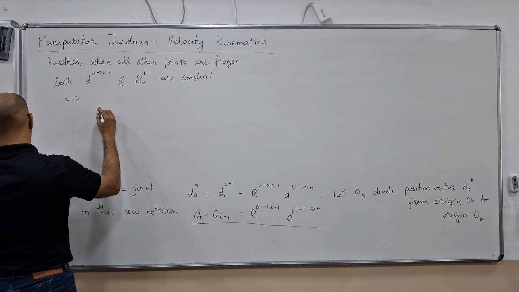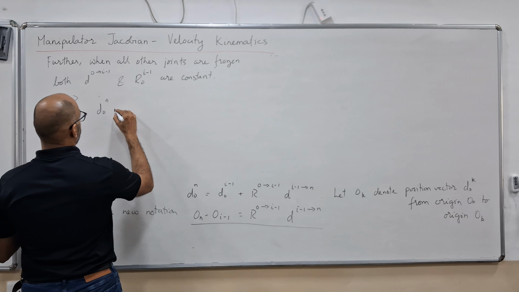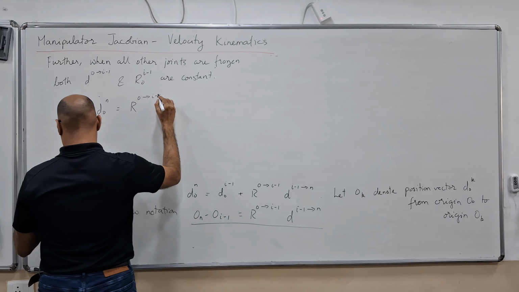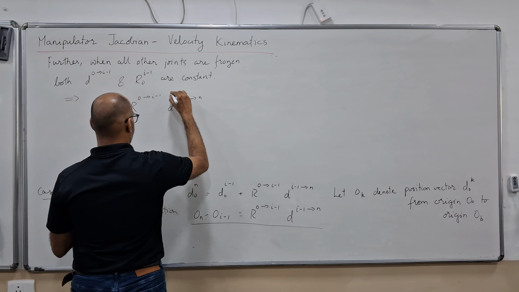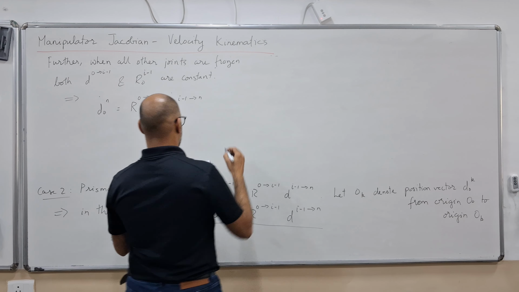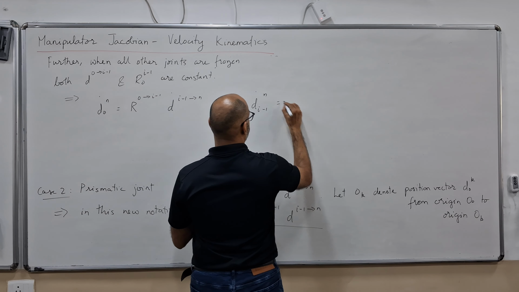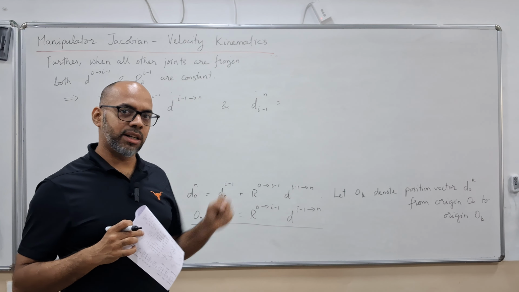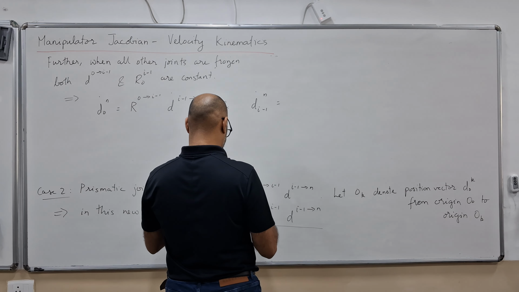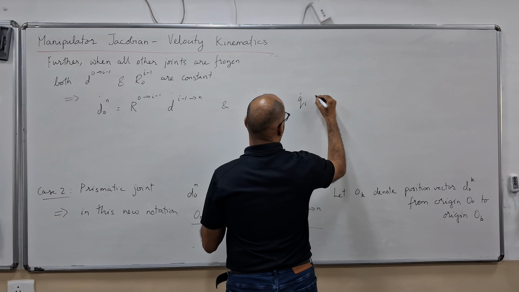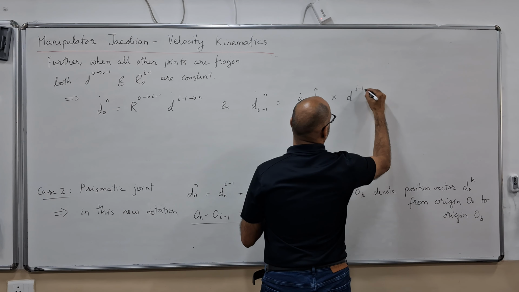So therefore, I get d0 to n dot is equal to r0 to i minus 1 multiplied by di minus 1 to n dot, and di minus 1 to n dot is nothing but, as I said, just a pure rotation with all the other links behaving like one rigid body, and that we can write as just qi dot times ki hat cross with di minus 1 to n.